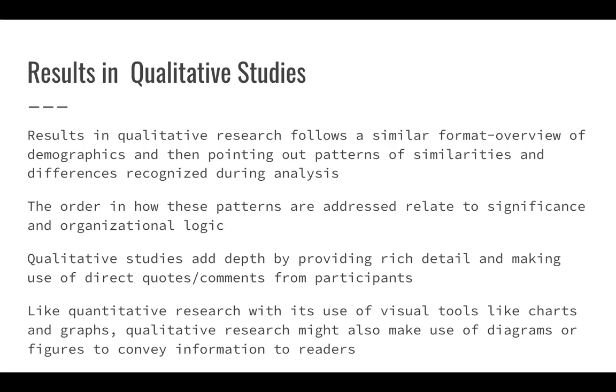Oftentimes this is up to the researcher, the author, but they're trying to present the patterns in such a way that it makes it clear which patterns were more significant, and then also just kind of the role of organizational logic. Sometimes some patterns only make sense in light of some more primary initial patterns that were determined.